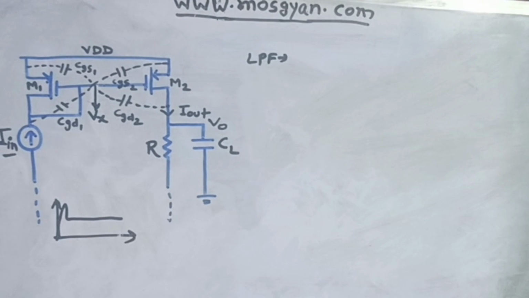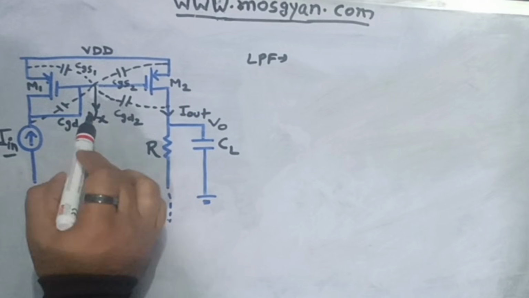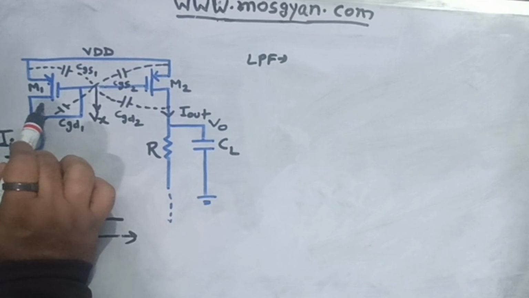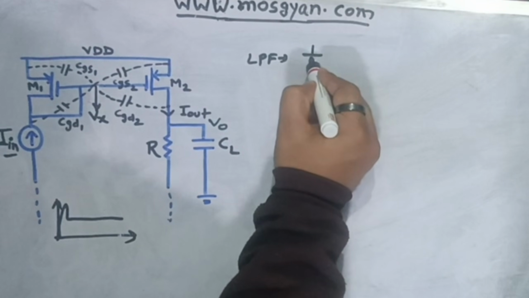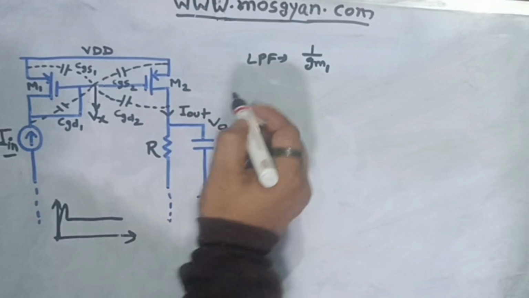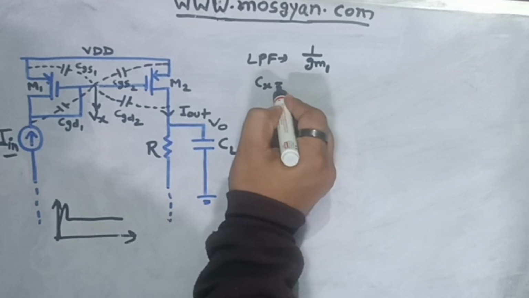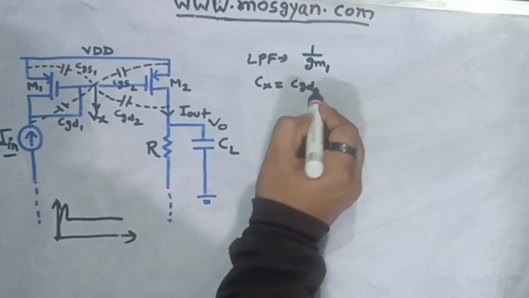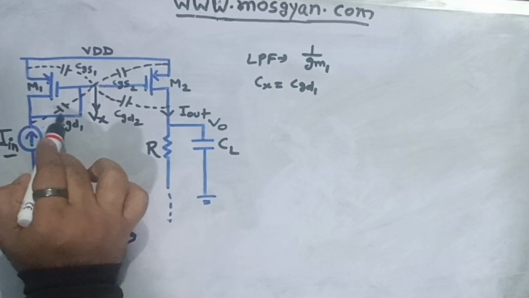If I talk about the Vx node first, this MOS M1 is a diode connected MOS. If I have to write the small signal equation, this diode connected MOS will be replaced by a resistor whose value would be equal to 1 upon gm1. Correct? Now, the total capacitance which node X will see: Cx will see one cap, CGD1, the gate and drain cap of MOS M1.